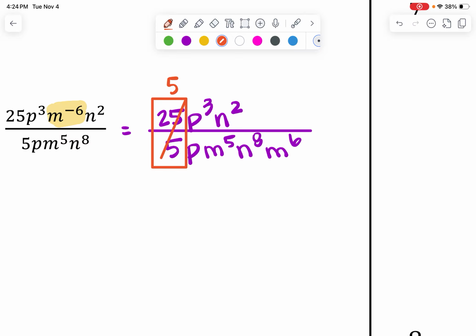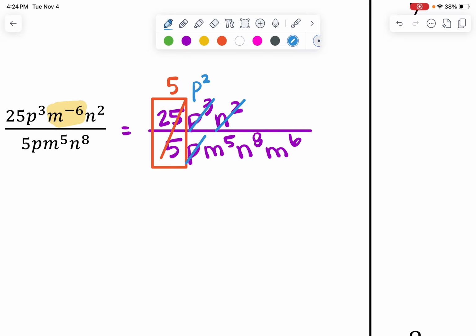Then I'm going to reduce all of my other variables. You can use the subtraction rule if you want to, but I like to use the reduction rule. If we reduce 1p out of the top and the bottom, because the bottom only has 1 to give, that still leaves us with 2 p's on top. And then I have 2 n's on the top, but 8 n's on the bottom.